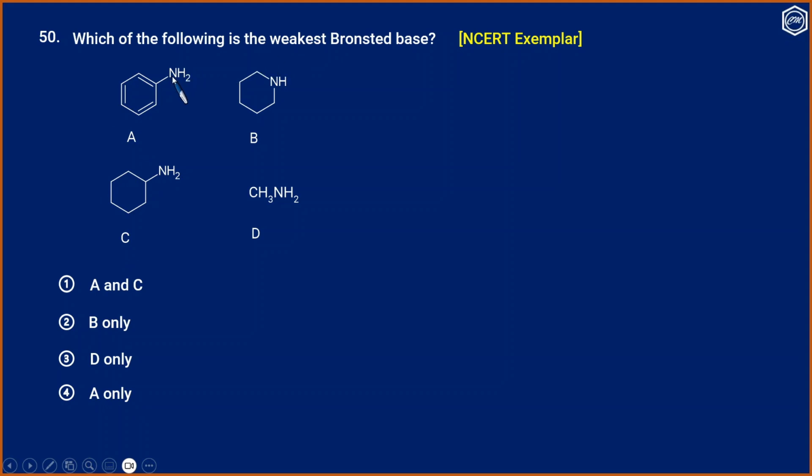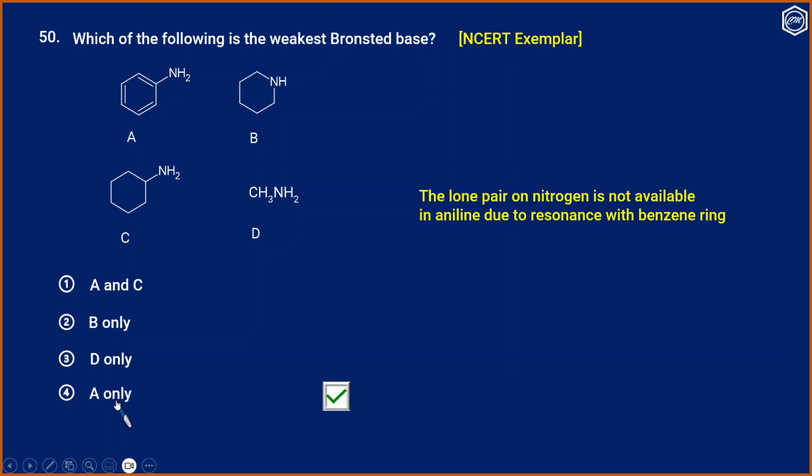All contain nitrogen atoms and they act as a Bronsted base because of the presence of a lone pair of electrons. In aniline, the lone pair is not available because it is given to the benzene ring for resonance. So the weakest Bronsted base should be compound A. So that is the correct answer. The lone pair on nitrogen is not available in aniline due to resonance with the benzene ring.